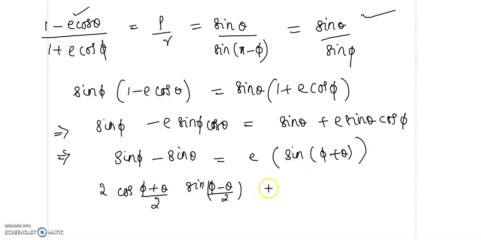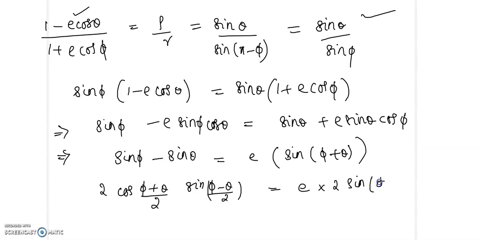And the right side is in the form of sin 2x, so we can write sin x as 2 sin x by 2 cos x by 2.